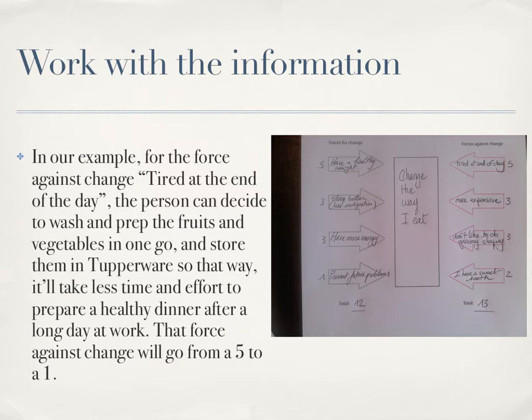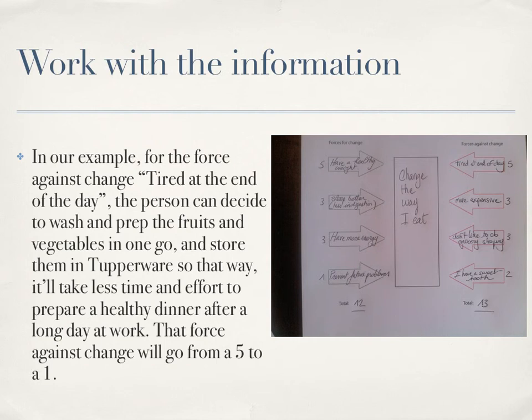In this example, she can decide to take half an hour per week, 30 minutes, and just wash, cut up, and prep the fruits and vegetables in one go, and store them in Tupperware in the fridge. That way, when she comes home in the evening, it becomes much easier and faster to cook herself a healthy dinner.